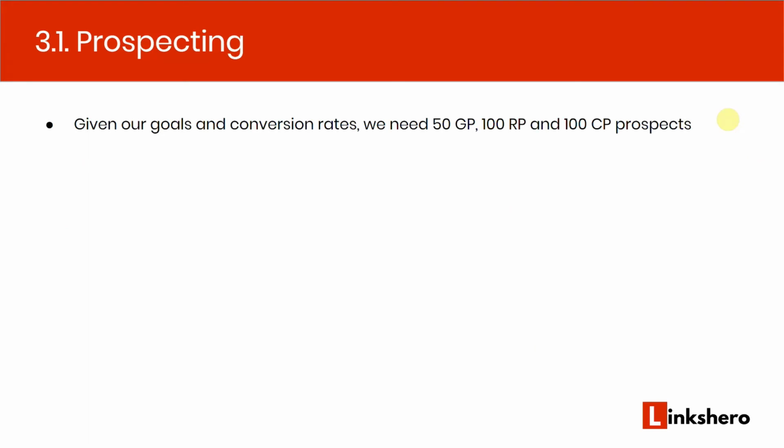given our conversion rates, we need 50 guest post opportunities, 100 resource page opportunities, and 100 competitor page opportunities. I expect that out of 50 guest post opportunities, we will have 10 links, and out of 100 resource pages and another 100 competitor page prospects, we will have 10 backlinks, so 5 from each.